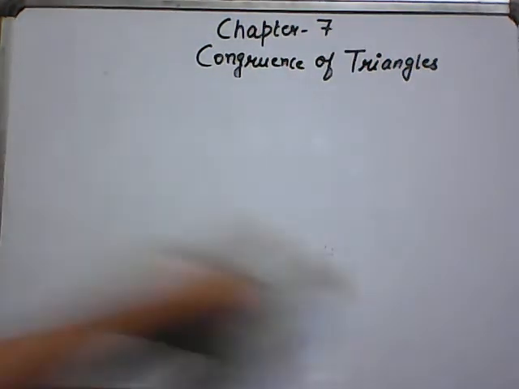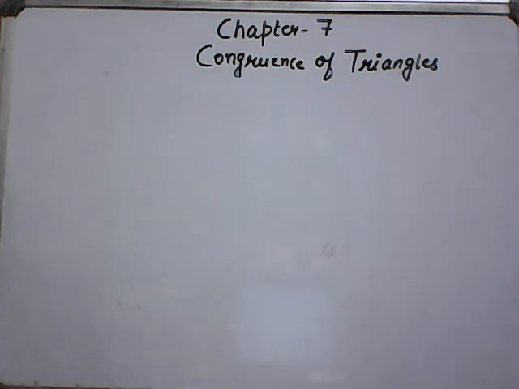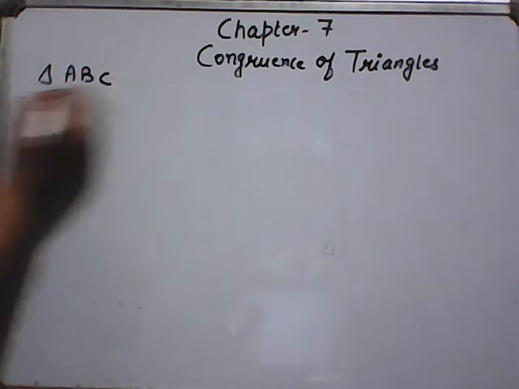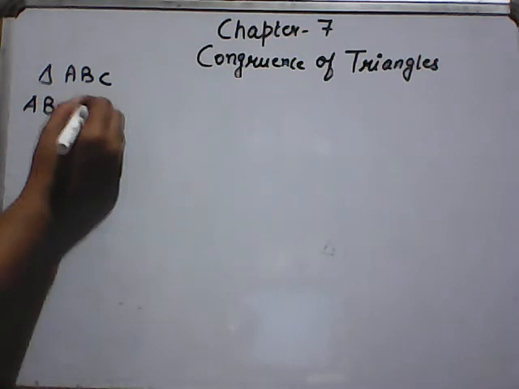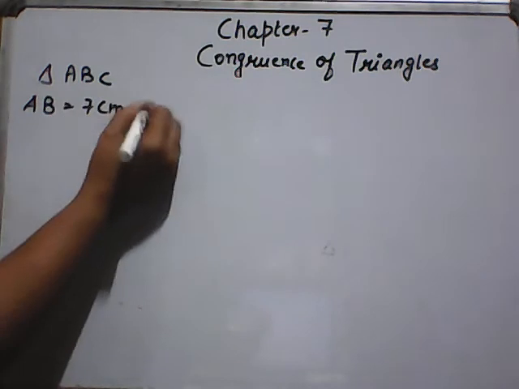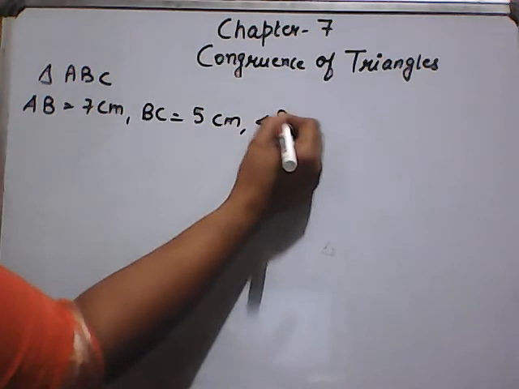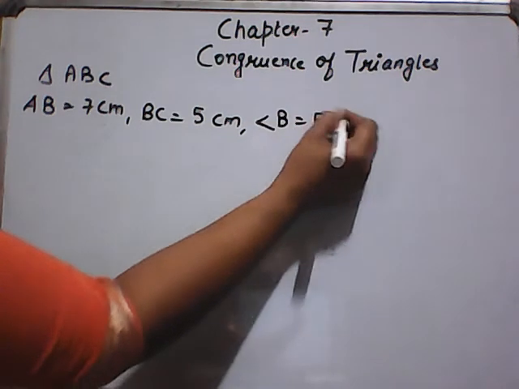Let's take an example. Suppose in triangle ABC, side AB is given to you 7 centimeter, side BC is given to you 5 centimeter and angle B is given to you 50 degrees.